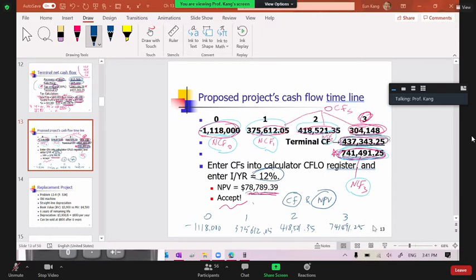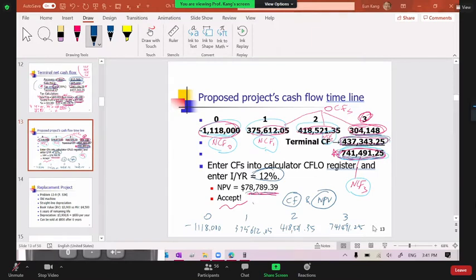Since you asked, let me ask, what is the decision rule for the IRR method? Profitability index greater than or equal to 1 means you take the project.